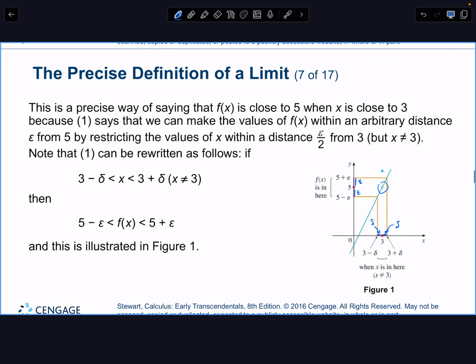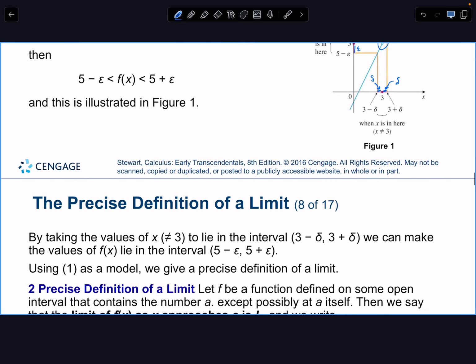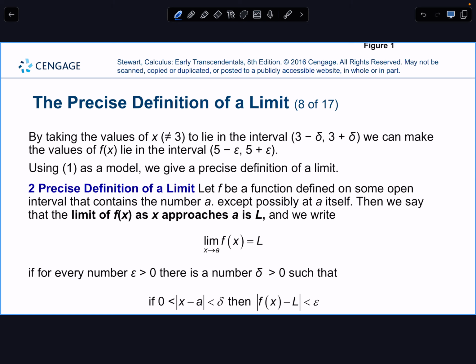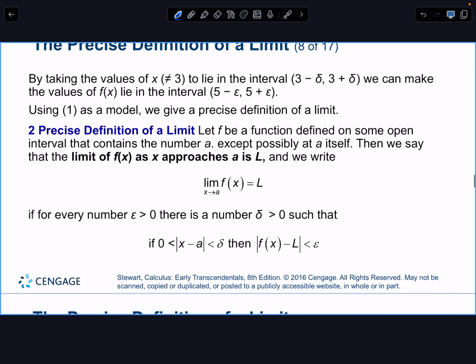And that's what all this is saying. By taking x values close to 3, we can make the y values close to 5. This is just another way of saying it.